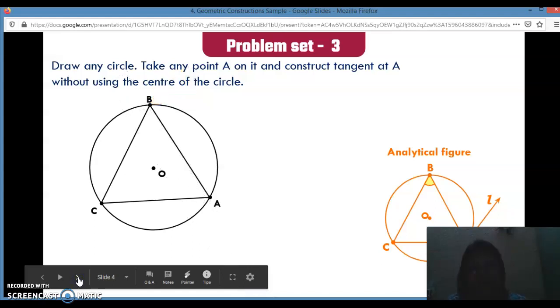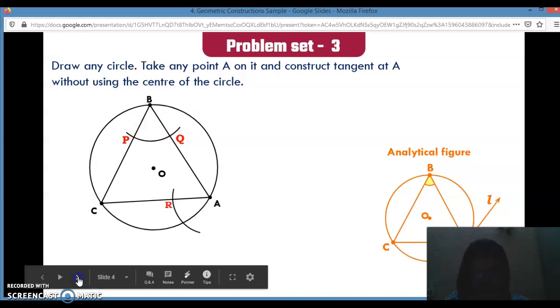Now, as I have told you, you will have to draw a tangent at point A, so you will have to draw a congruent angle. First you will draw an arc, then with that same arc you will cut it on line segment AC as well.